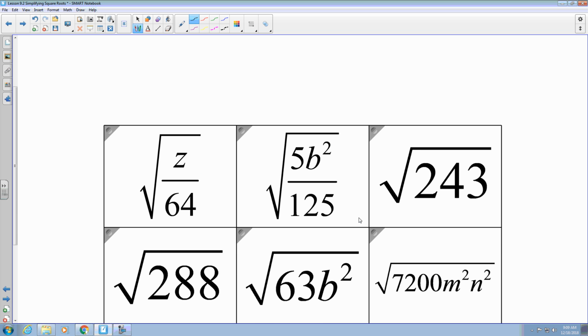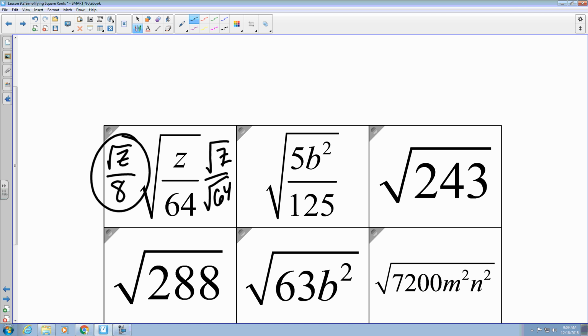So we have the square root of z divided by 64. This can be rewritten as the square root of z over the square root of 64, which means the square root of z stays the same, and the square root of 64 is 8. I have the next example here. This will be the square root of 5b squared divided by the square root of 125.